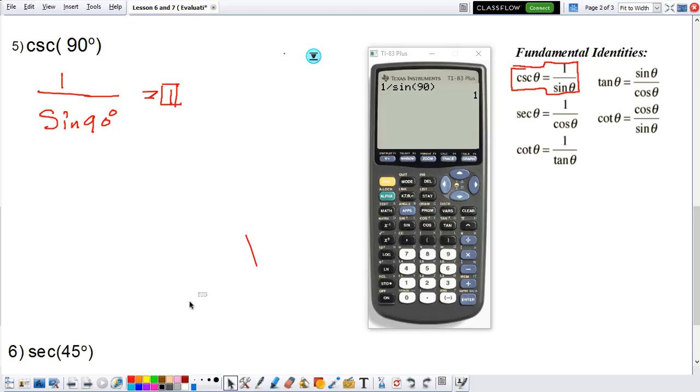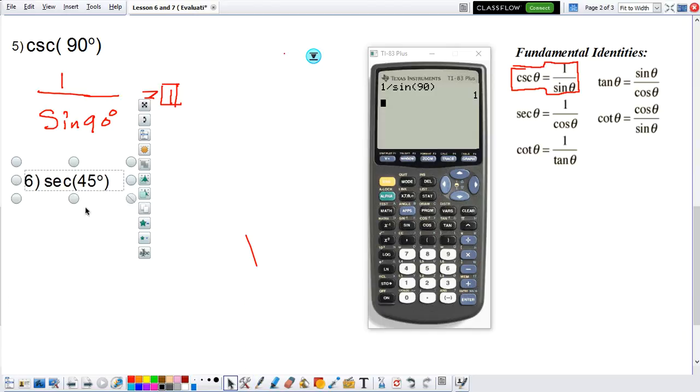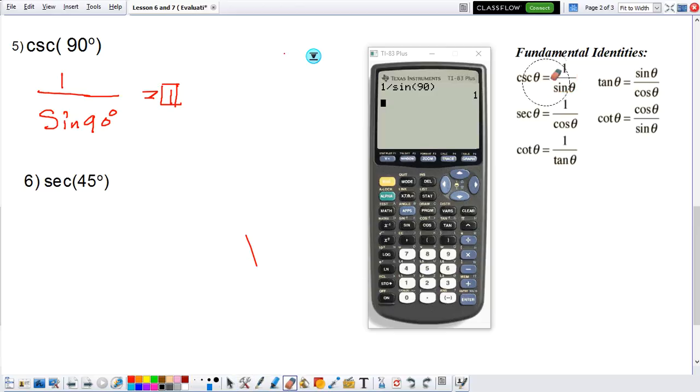Now let's look at our last example. I want to find the secant of 45 degrees. I know that secant is not on my calculator, so is there a way for me to rewrite secant? According to my identities, secant can be written as 1 over cosine. So the secant of 45 is the same as 1 over cosine of 45.